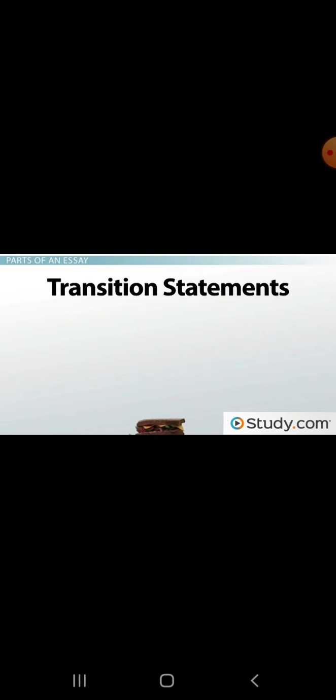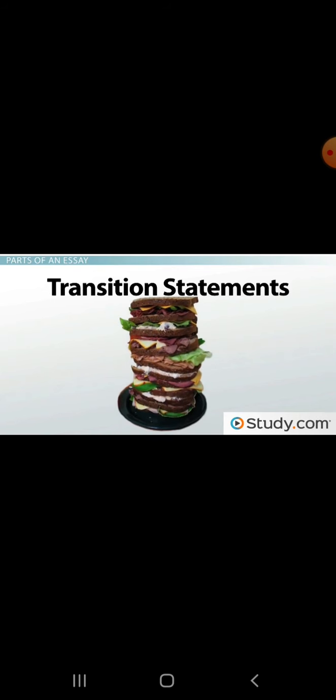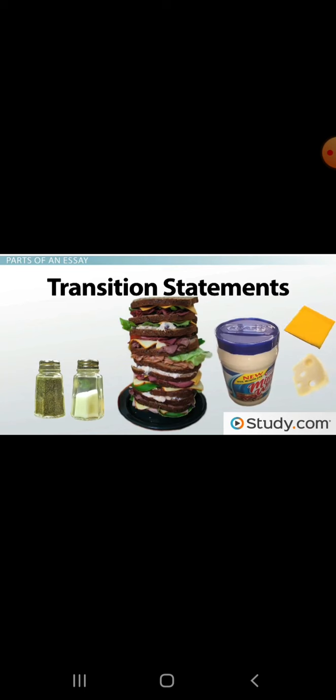Transition statements. Okay, while what we have so far might look like a sandwich, the taste isn't there without some wonderful background notes of condiments and accenting flavors. Like mayo and cheese, transition statements are the notes that hold the sandwich together, ensuring it doesn't get too dry and that it has enough background flavor to guide the reader through.